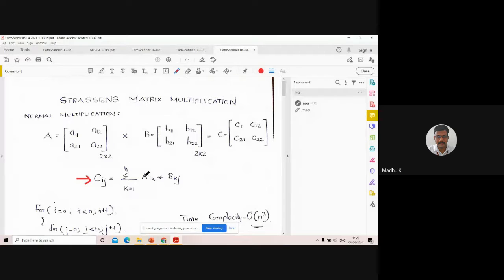How can we get C11? We apply this equation and we will get C11.